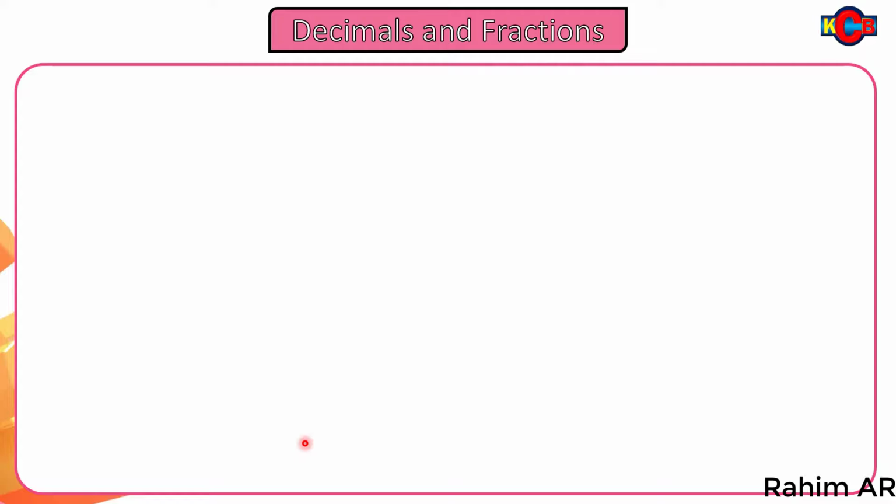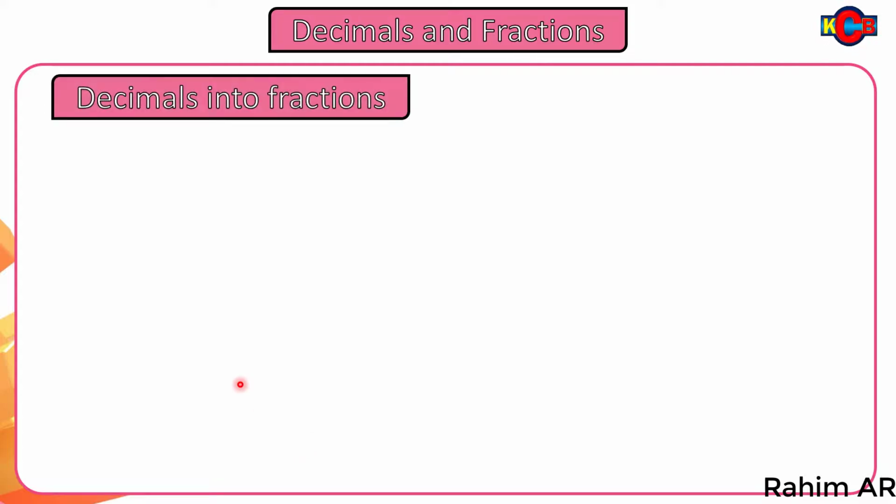Next, we will learn how to change decimals into fractions. Look at our first example here, 0.5 or 0 and 5 tenths. This is 0, meaning that we don't have anything here.